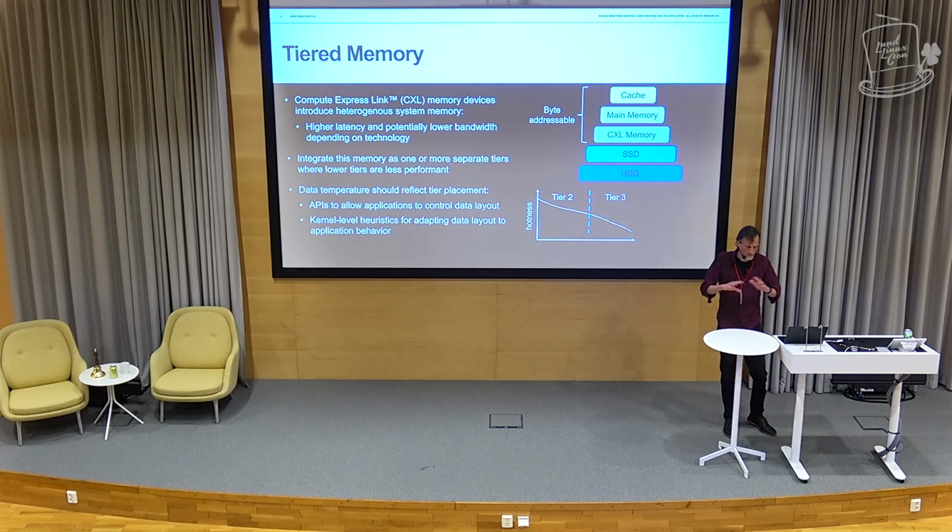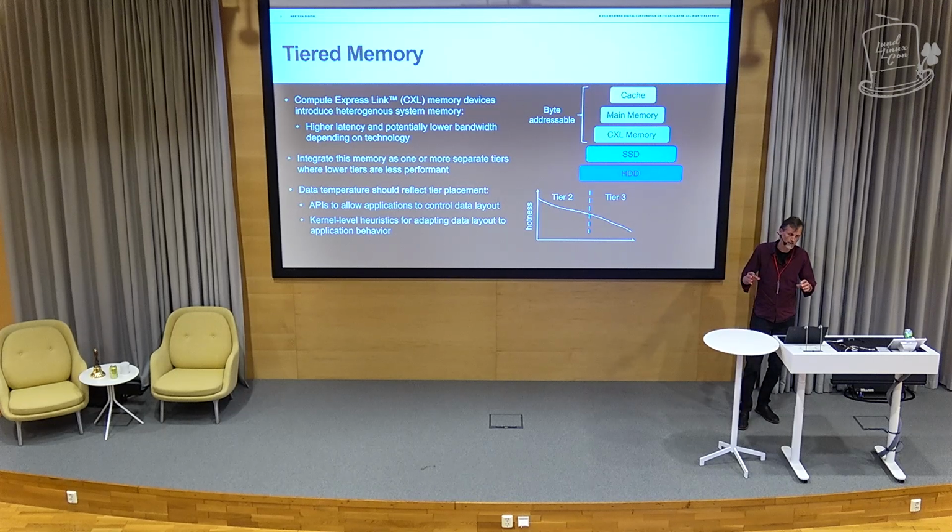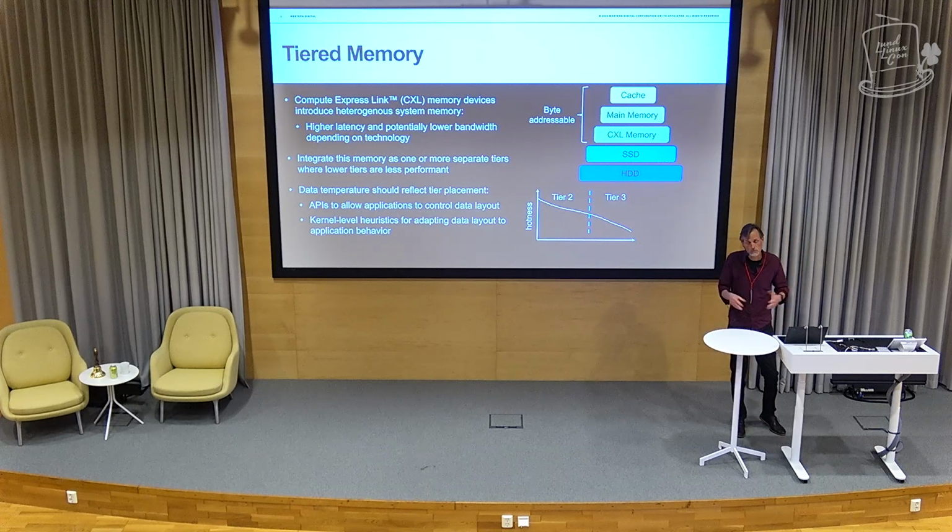So in a system where you want to use it efficiently, you can view it as consisting of different tiers of memory, where the working set of the application, the most commonly used data, should be placed in the higher tiers, and the data with lower temperatures should be placed in the lower tiers. So there are different ways you can do this.